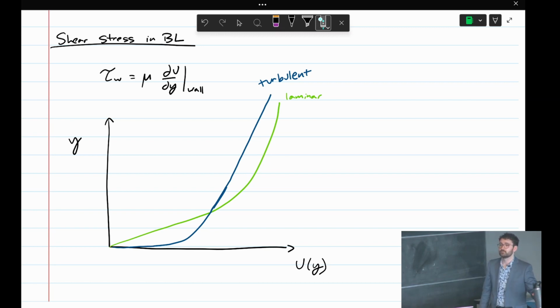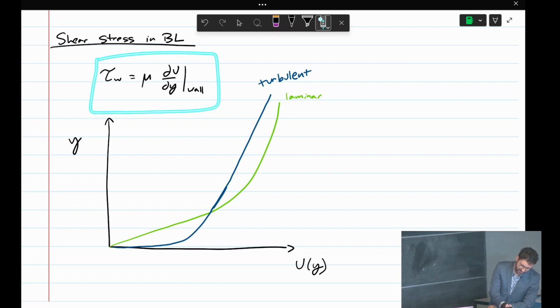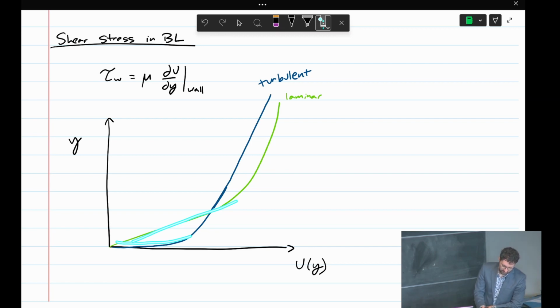The vortex shedding and the turbulence in the boundary layer cause large-scale, high-speed regions to be mixed downward, and the low velocity near the surface to be mixed upwards. So it creates more drag. But in terms of this equation and the profiles I've drawn, what's actually producing the higher wall shear stress?